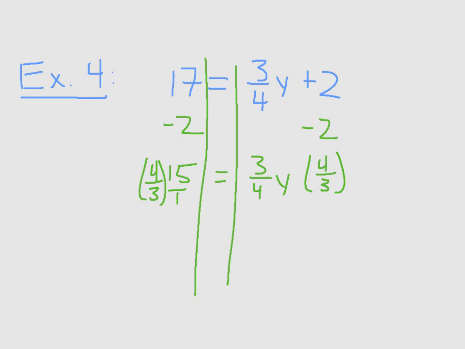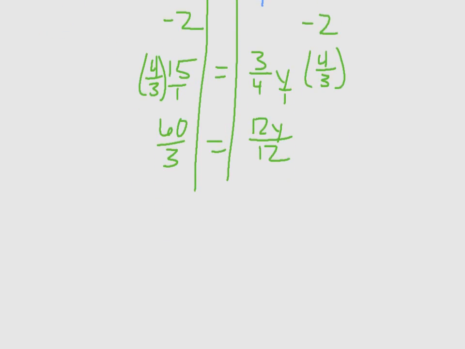So 3/4 times 4/3, remember this is over 1, gives me 12y over 12. And then 4 times 15 is 60 over 3. And then 12 divided by 12 is 1, so you're left with 1y. And 60 divided by 3 is 20.